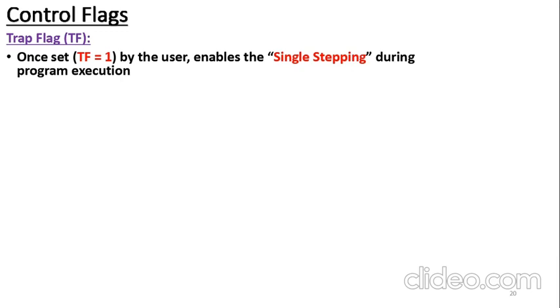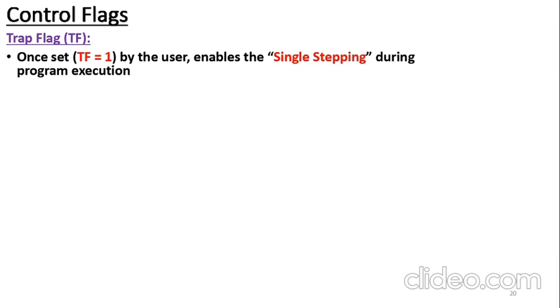Processor goes to execute the interrupt service routine of that single step interrupt, and within that interrupt service routine, it will display the result of that corresponding instruction. And then after that interrupt service routine, the processor will come back to your program execution again.